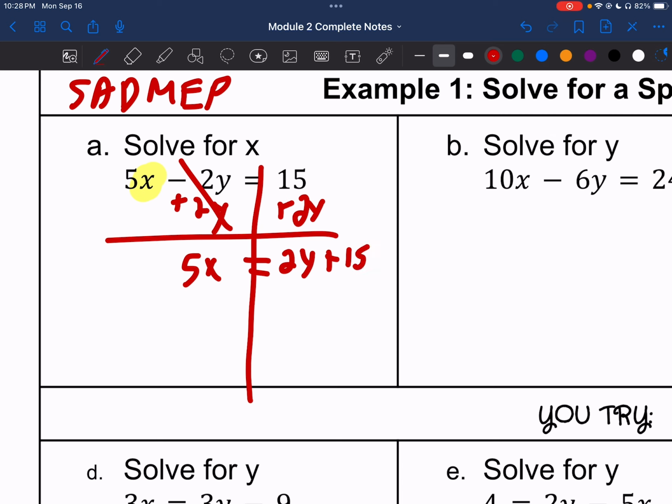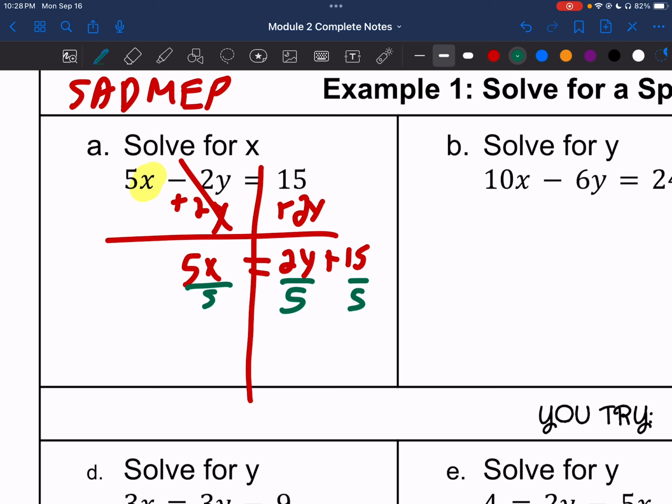Now, we'll talk about it more later on in the year, but the proper way of writing these kind of things is variables come first and your constants come after that. So 2y plus 15. Now, we're going to divide both sides by 5. We need to distribute this divided by 5 to all of the terms on the right-hand side.